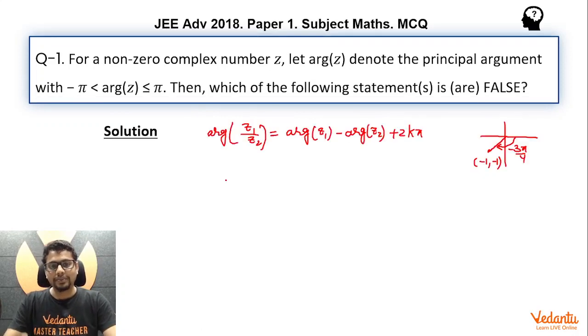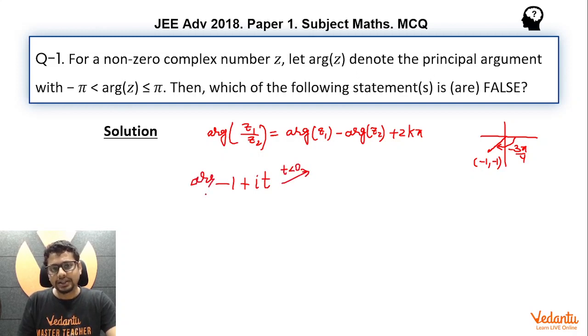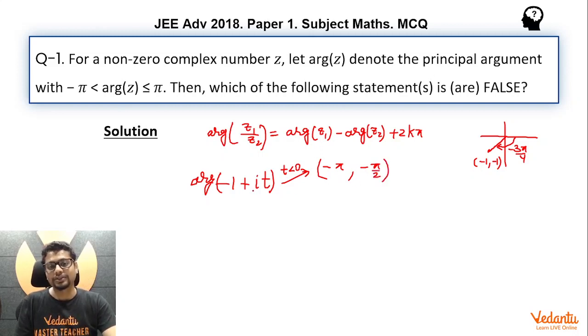So let's check it out. Minus 1 plus iota t. Here clearly, when t is less than 0, the argument will be between minus pi to minus pi by 2, because the point minus 1 comma t would be in the third quadrant of the argument plane.